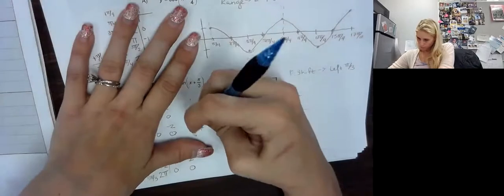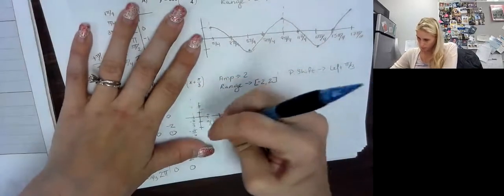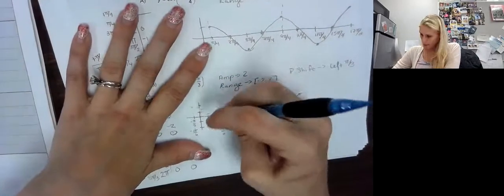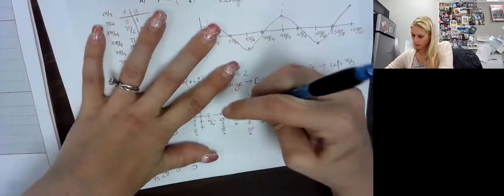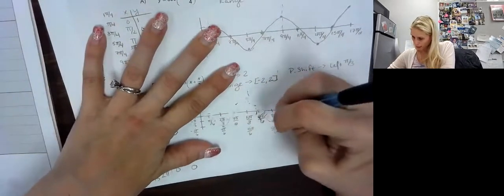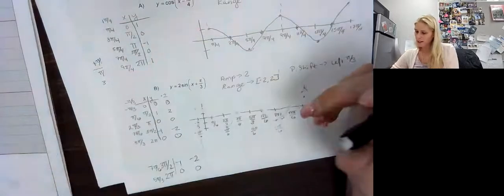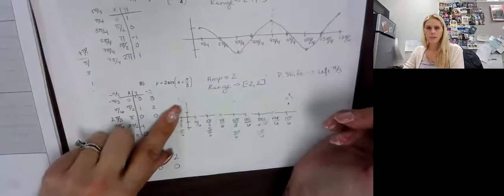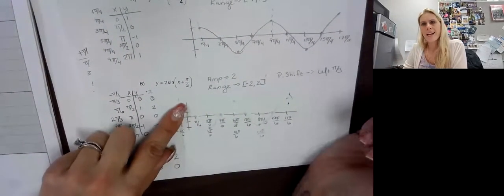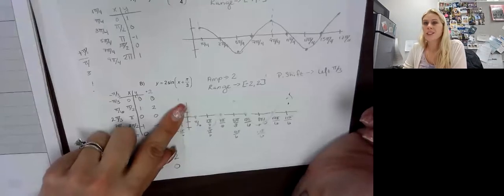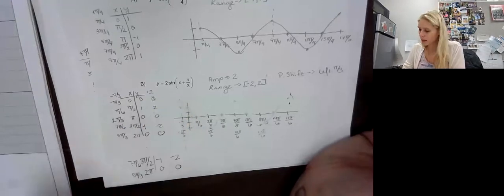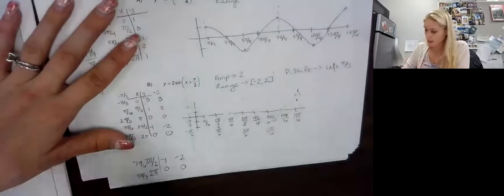So I'm going to erase this little curve. Now, how did I know I did something wrong? The good thing about my mistake here and how I can identify it, as you see before, my graph started up here. Where does sine always start? It starts in the middle, not the top. Okay, so that's how I knew I did something wrong.